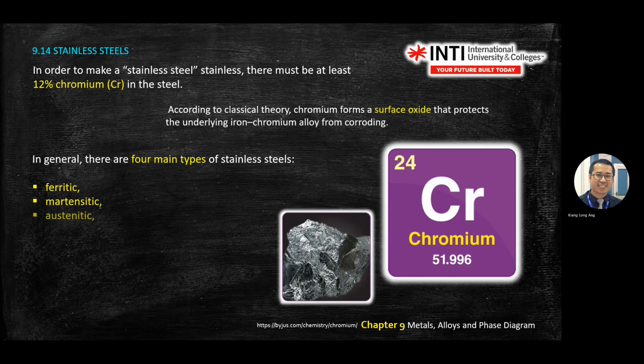So the rest you read. Important is once there's chromium, you are entering into the stainless steels dimension. You have 4 types of stainless steels: ferritic, martensitic, austenitic, precipitation hardening. This depends on the phase diagram also.